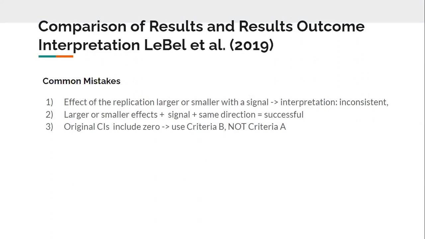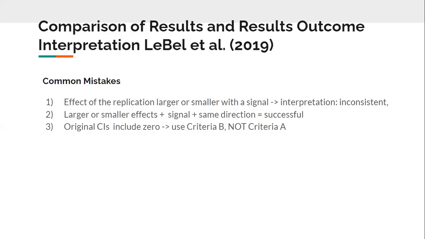So there are a few common mistakes that you need to be careful of. If the effect of the replication is larger or smaller with a signal, the interpretation should be inconsistent. However, even if inconsistent, if there is a clear signal and it is in the same direction, it's still a successful replication.